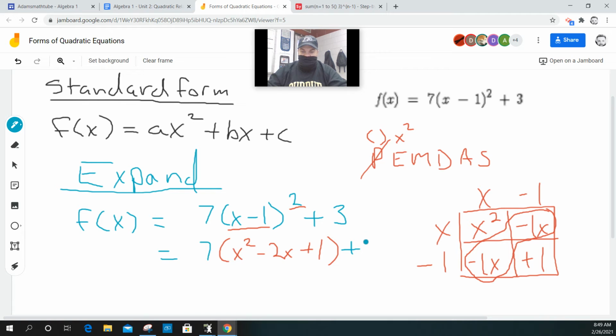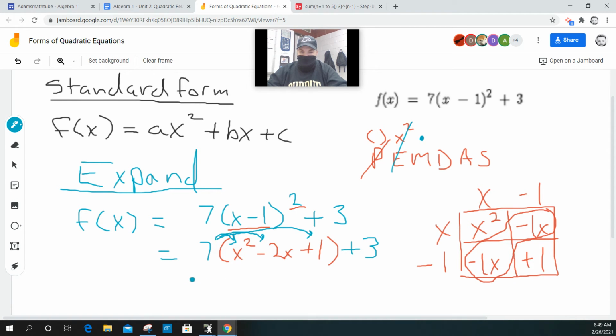That 7's in front of there. All right, good. Are there any other exponents? Well, yeah, here, but there's nothing I can do with it right now. So I cross that off the list. M stands for what? We're going to multiply. Is there something I can multiply? Yeah, I can distribute or multiply 7 through the parentheses.